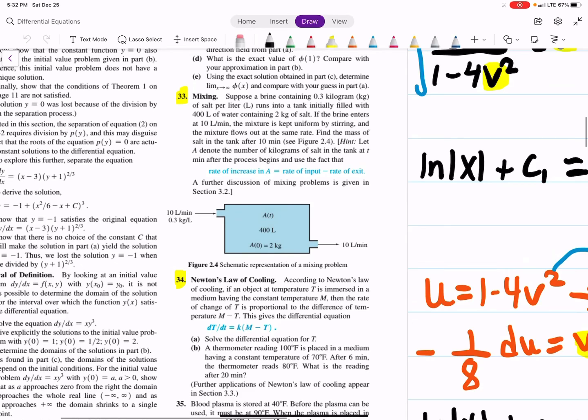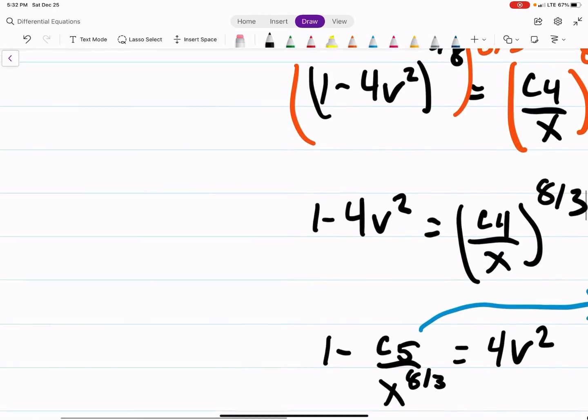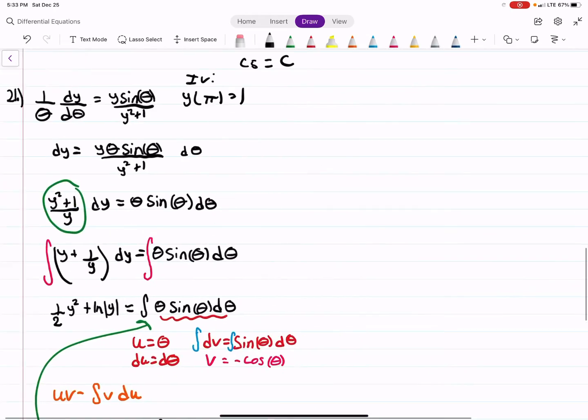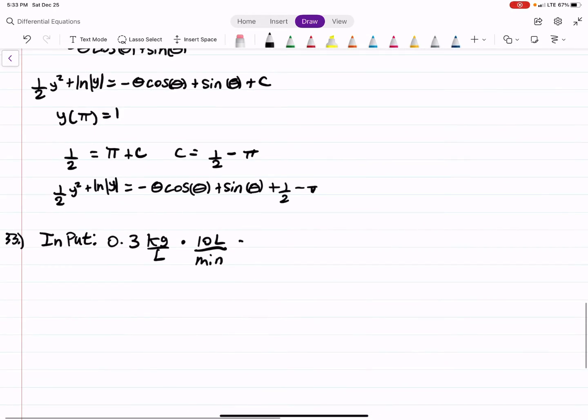That is right here. That's what it's entering at. So you're multiplying that by the 0.3 salt per liter. And of course, that's quite simple. You're just going to get 3 kilograms per minute.